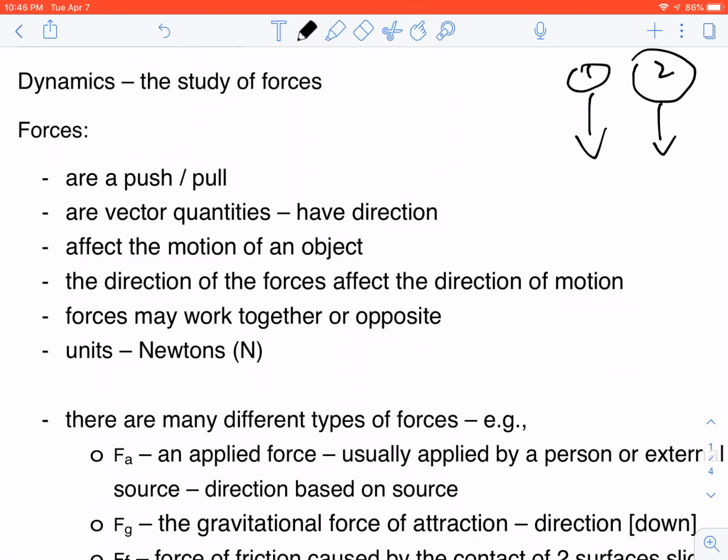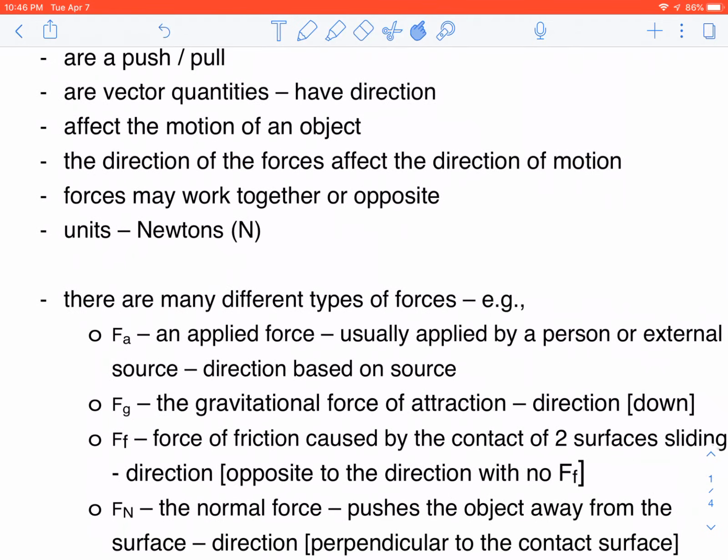All right, so as we look at the fact that the forces are a push or a pull, and that the forces have direction, the forces therefore are going to impact the motion of the object.